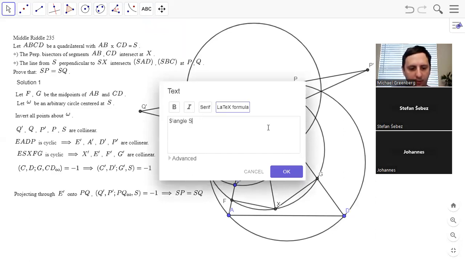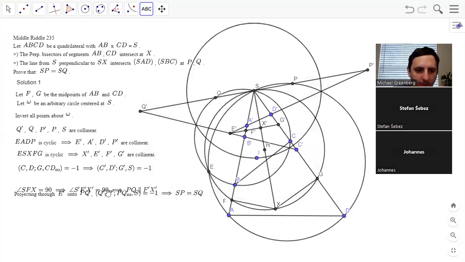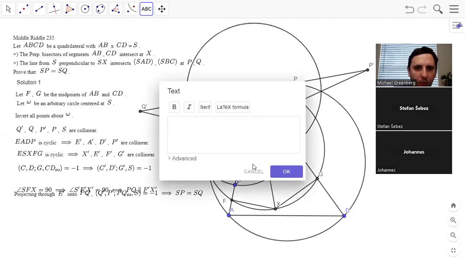Angle SFX equals 90. That means that angle S prime F prime X prime equals 90. And that means that PQ is parallel to F prime X prime. All right, so that's solution 1. And then solution 2.